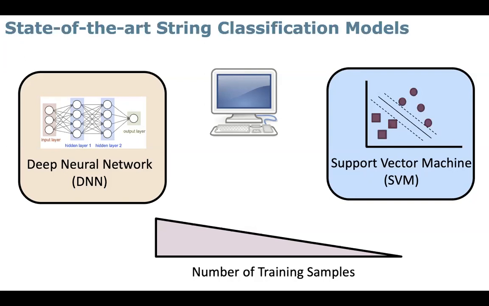The DNN-based methods are extremely popular now, but they normally need a lot of training data. So in this paper, we propose a novel string kernel toolbox that needs much smaller training data and performs very good string classification, with good theoretical guarantees.